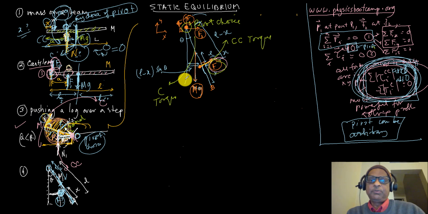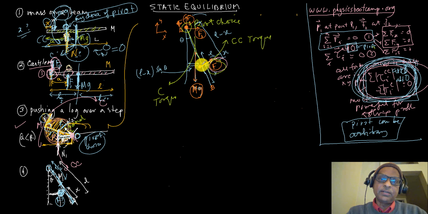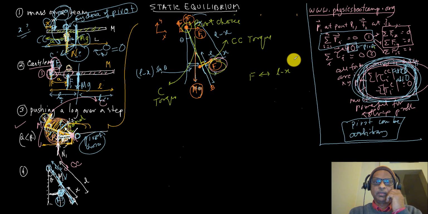And all I have to figure out is the lever arm. So from here to here is 90 degrees. So that distance is L minus X. So the F lever arm is just L minus X. How about mg?